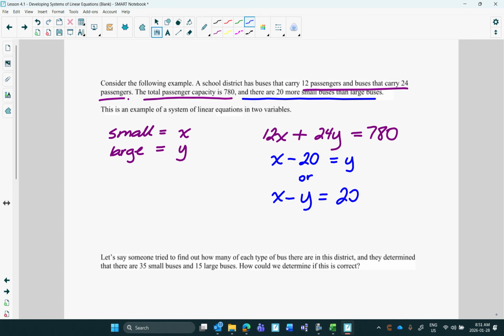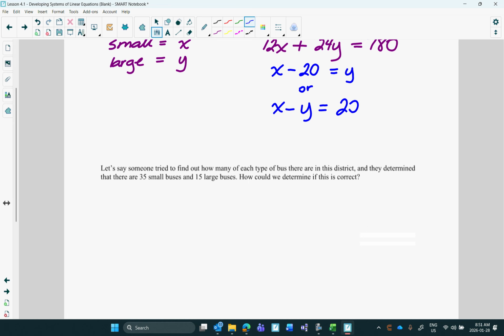So we set up the system. And let's say that somebody did the math and they think that there's 35 small buses and 15 large buses. How could we determine if this is correct? Plug them in here.